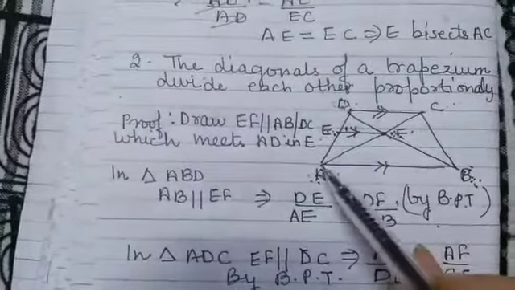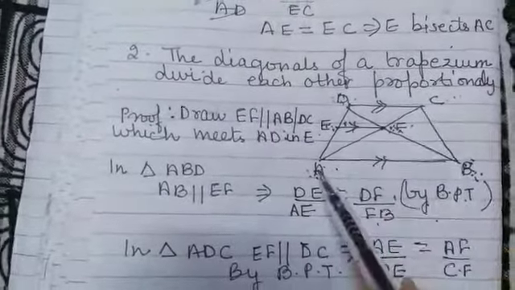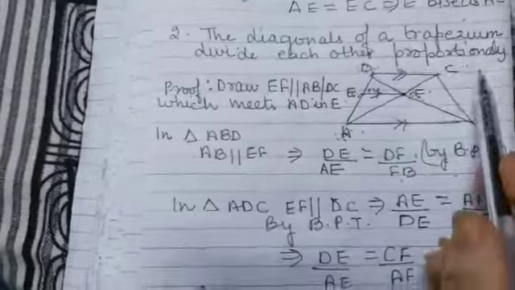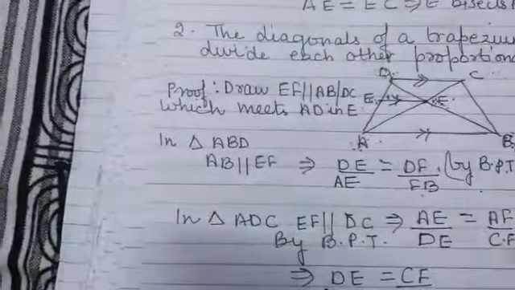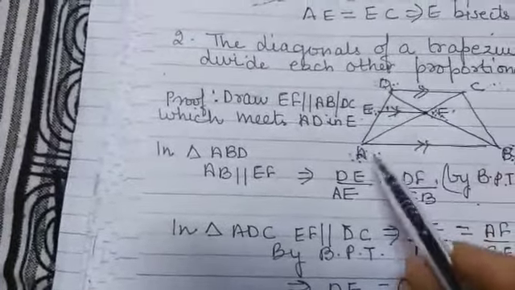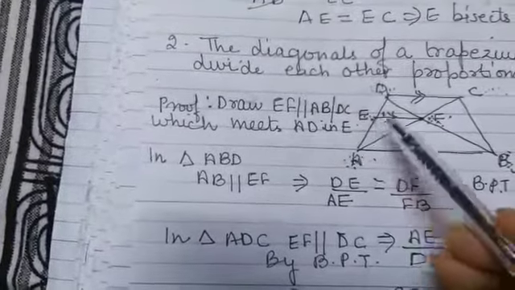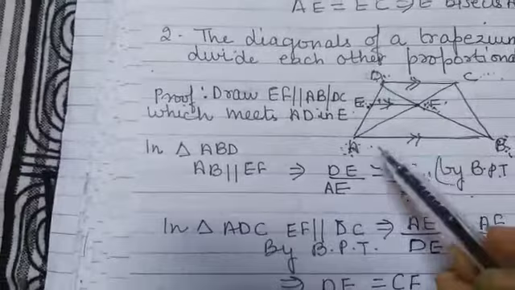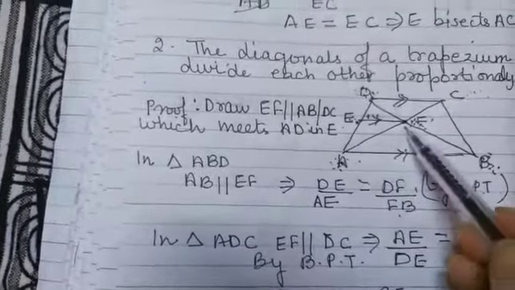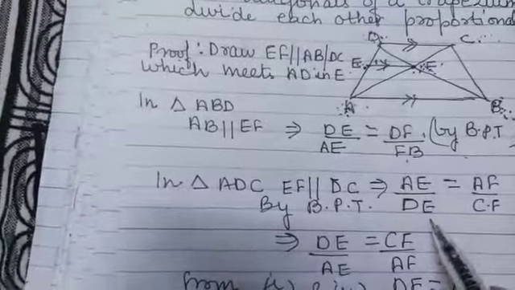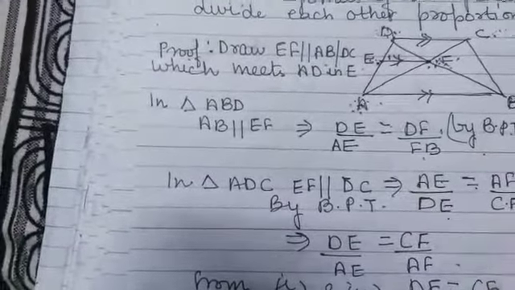Now you take triangle ADC and you know EF is parallel to DC. So according to the BPT, we know AE upon ED is equal to AF upon FC. Right? AE upon DE is equal to AF upon FC.